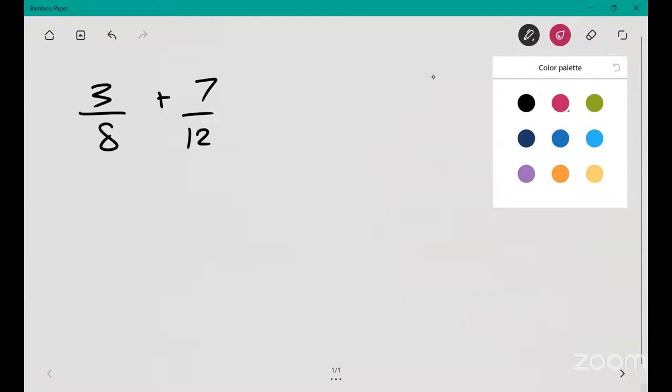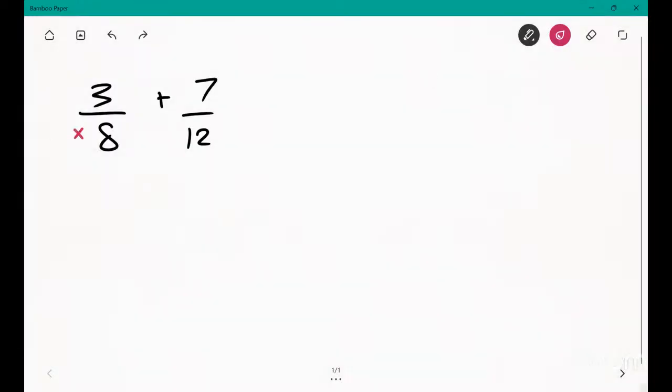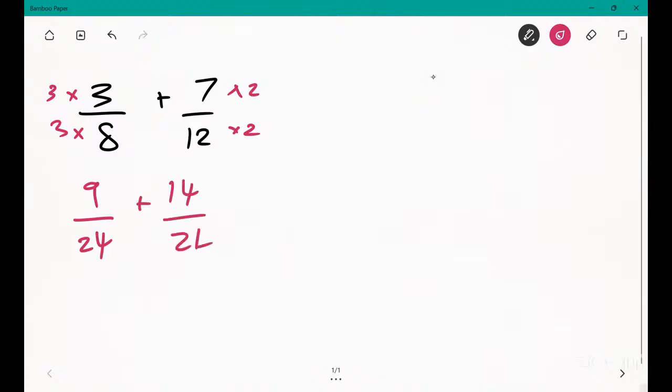So here the common multiple is going to be 24. So then here multiply by 3, up and down by 3. Here multiply up and down by 2. So then you're going to get 9 over 24 plus 14 over 24, giving us 23 over 24. So this, you can't simplify further. So this is your final answer.